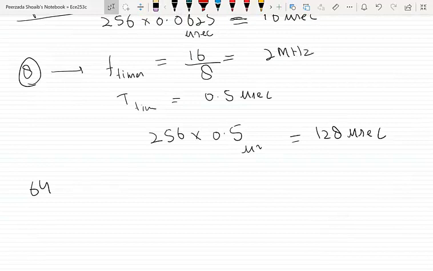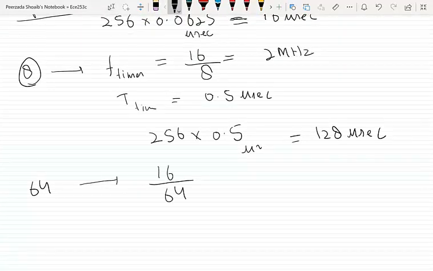If I use the 64 prescaler, the timer frequency will be 16 divided by 64, that is equal to 0.25 megahertz or 250 kilohertz.